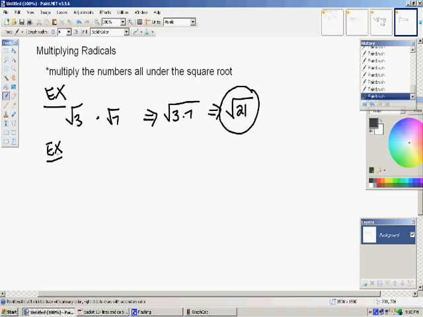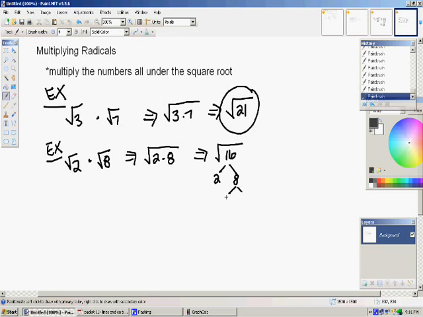Alright, let's do another example. Okay, say like we have square root of 2 times square root of 8. Okay, we're going to combine these numbers under the same roof for the same radical. So we have 2 times 8. And we can actually multiply these out. So 2 times 8 is 16. And 16 is actually a number that can be simplified or broken down even further.